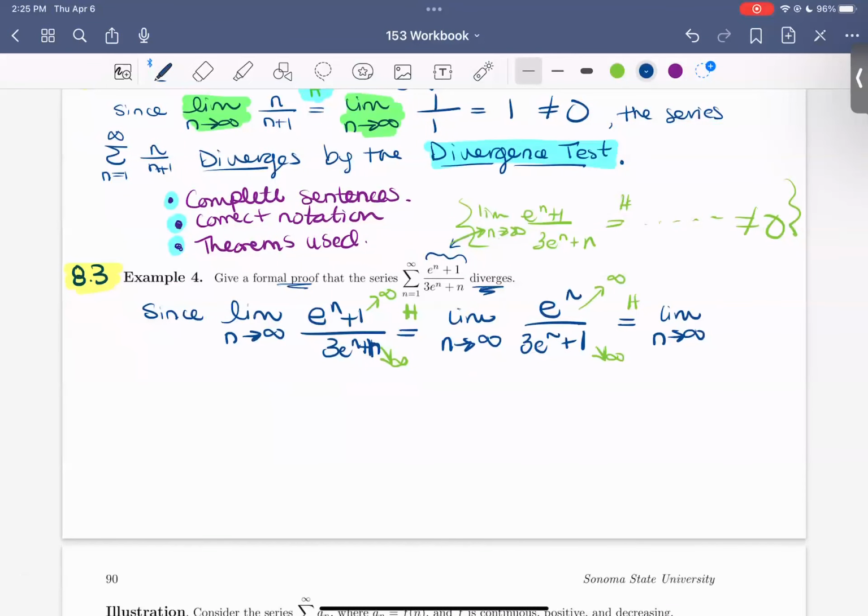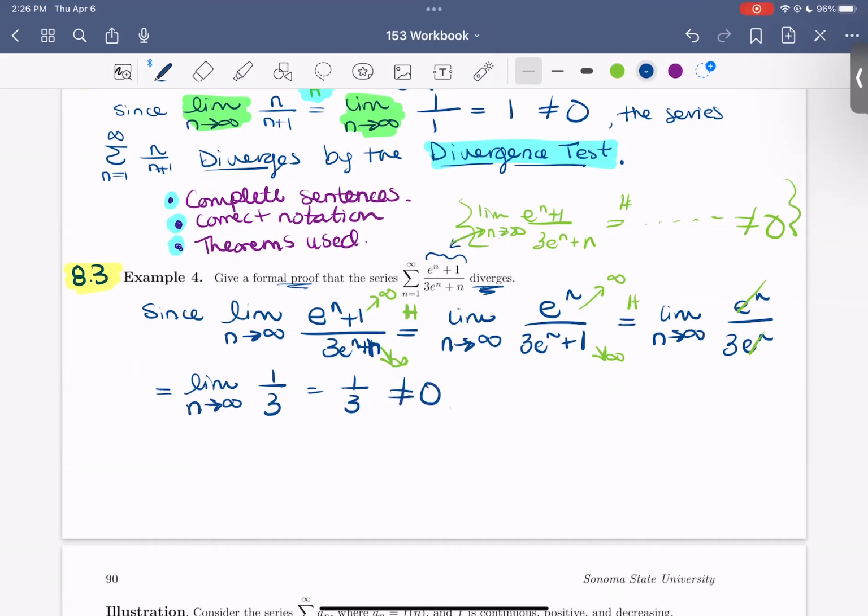All right, so the derivative of the numerator is e^n. The derivative of the denominator is now 3e^n. So look what happens here: these e^n's cancel out. So this is equal to the limit as n goes to infinity of 1 over 3, which is not 0.